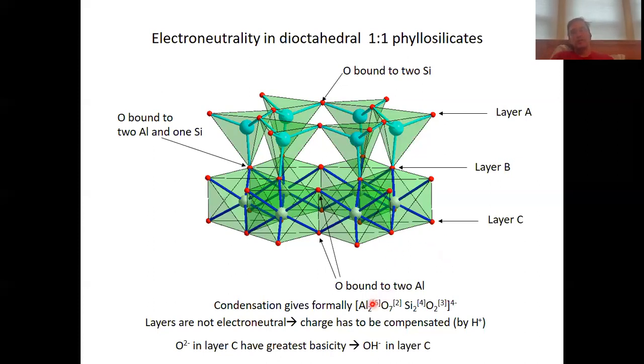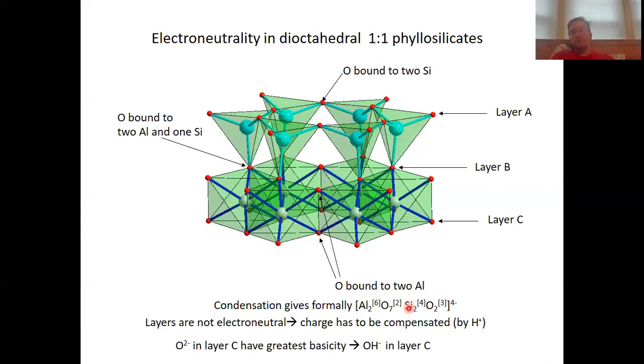We have aluminums in the coordination number 6, and all these aluminums have formally a 3- charge. We have oxygens which have the coordination number 2. So these oxygens do not have a formal charge.